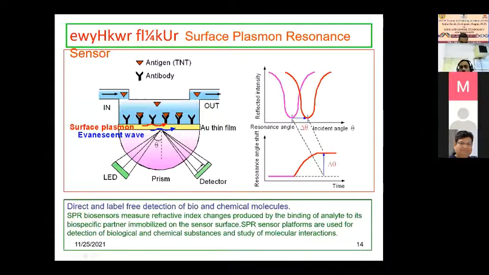When you put your analyte to bind with these antibodies, this minimum shifts to another angle. Here on the x-axis is the angle shift, so this is shown as the resonance angle shift.